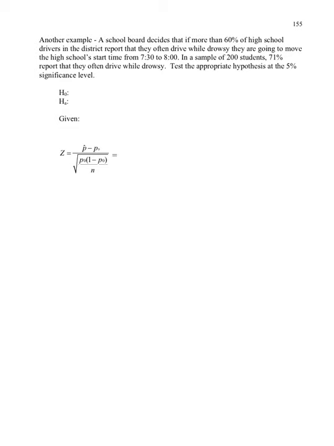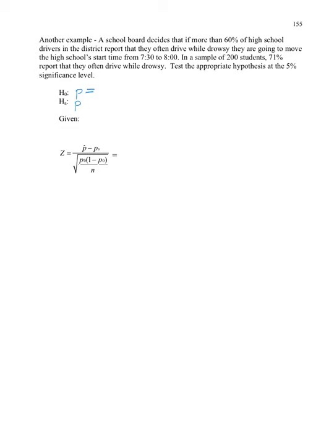So what is the null and alternative hypothesis? Okay, first of all, we're testing percentages, so we can put our parameter p in our hypothesis. The null hypothesis always has an equal sign in it.